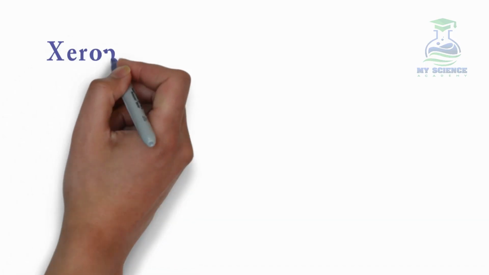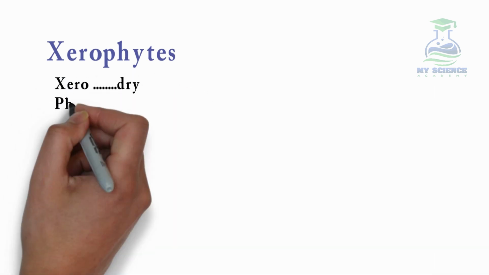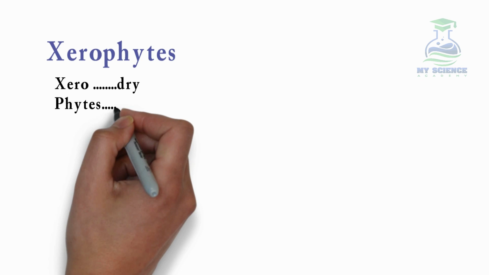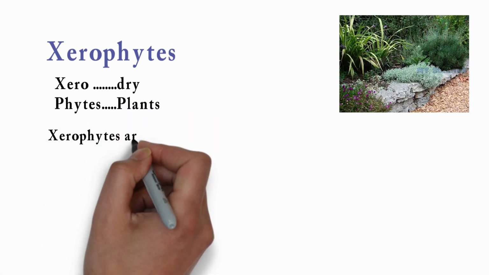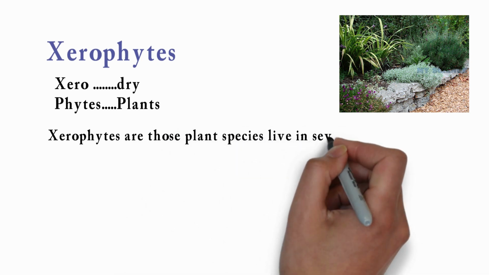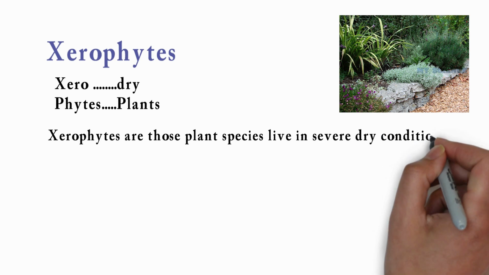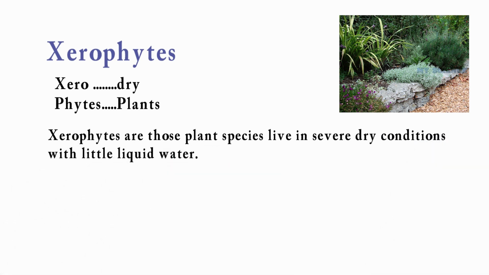Next are the xerophytes. Xero here means dry and phytes are the plants. So we can say xerophytes are those plant species that live in severe dry condition with little liquid water.